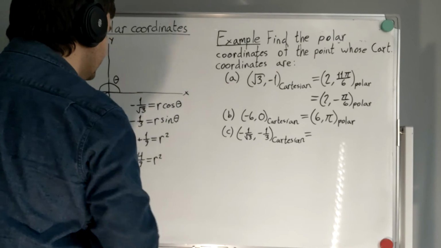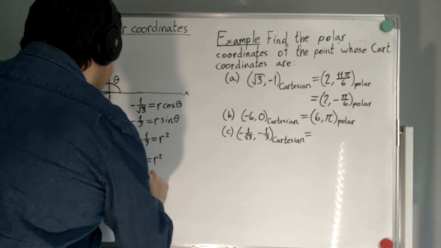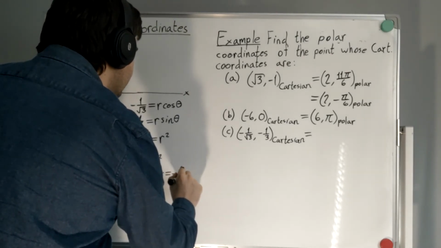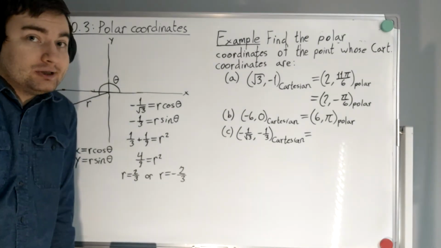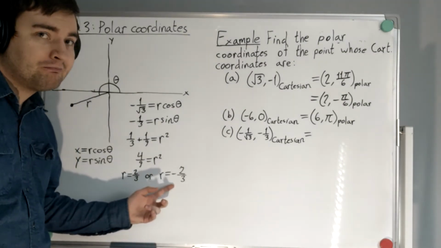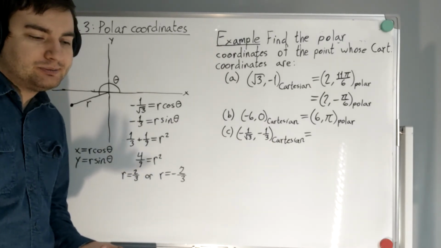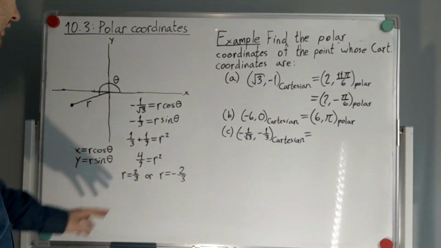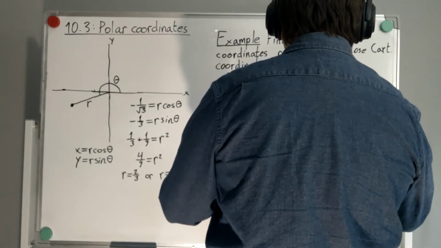So r squared is 4/9, which means r equals 2/3, or r equals negative 2/3. And you can use a negative value of r, but it's probably more intuitive to use the positive value. In any case, this gives us our first coordinate in polar coordinates, 2/3.